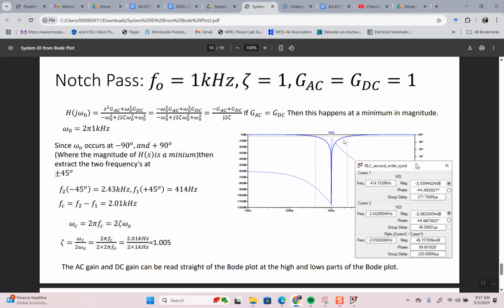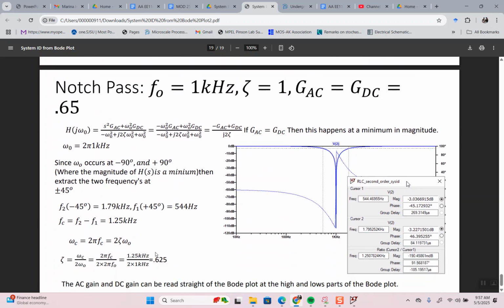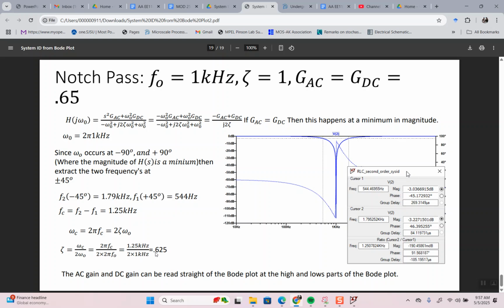All right. But really, you just pull off the same process. You pull off the minus and plus 45, come up with a frequency difference, convert it to radians. Although, yeah, the two pi's would just cancel out, right? And you get one. So the damping coefficient is 0.65, not 1, and the gains are 1 and 1.